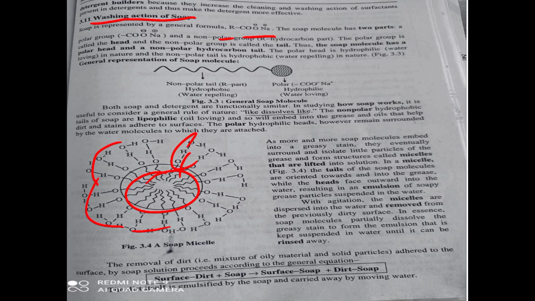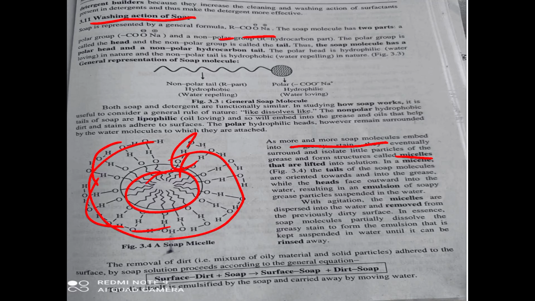As more soap molecules go into the grease stain, they evenly surround and isolate little particles of the grease, forming a structure called a micelle, which is lifted into the solution. See in the diagram this soap micelle.